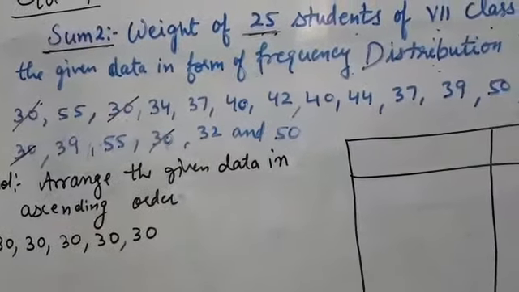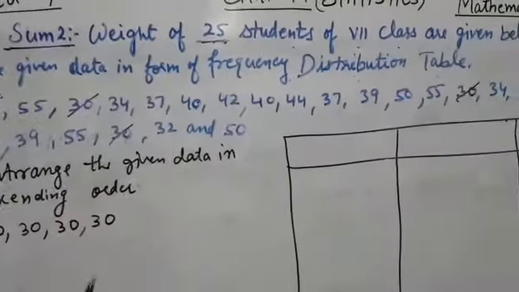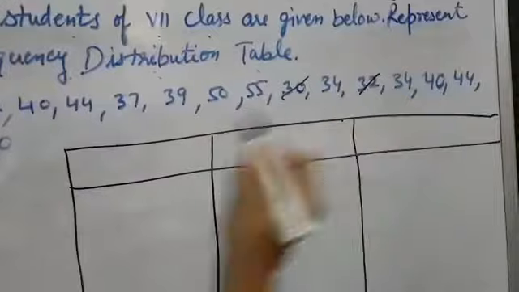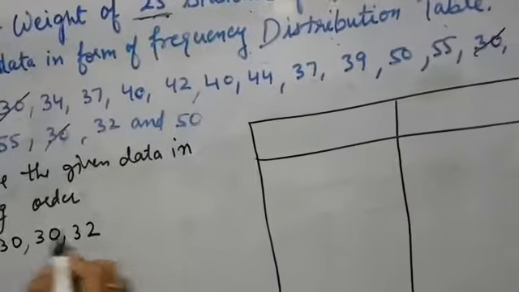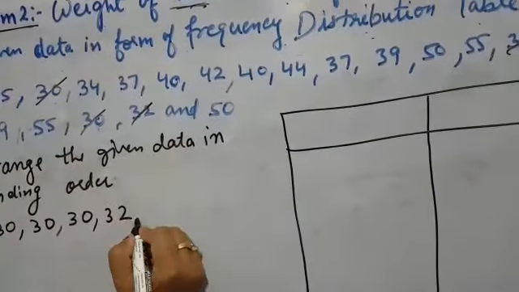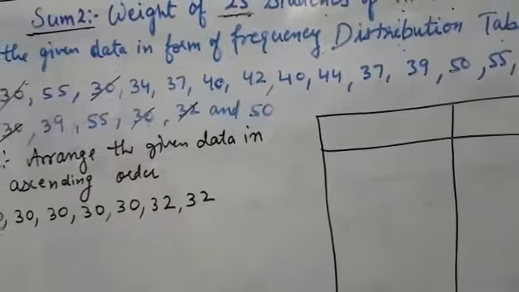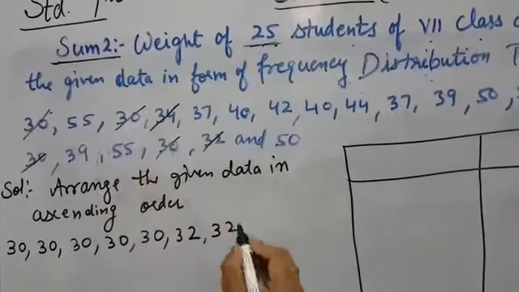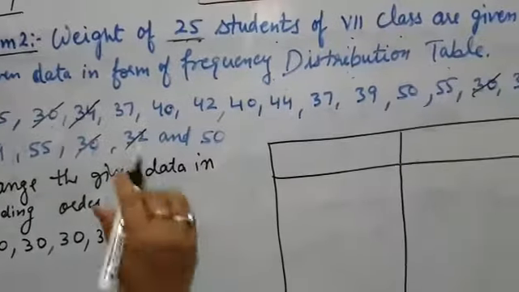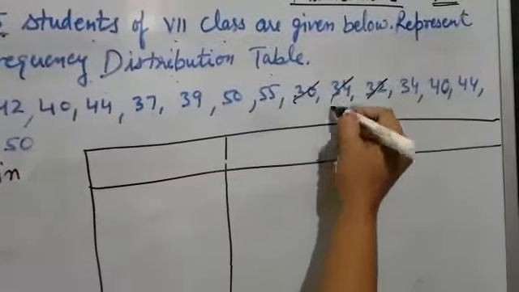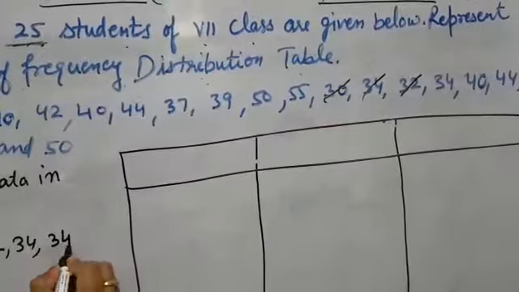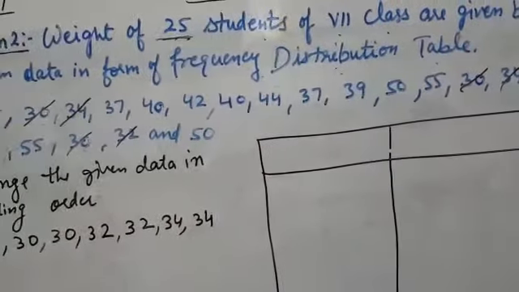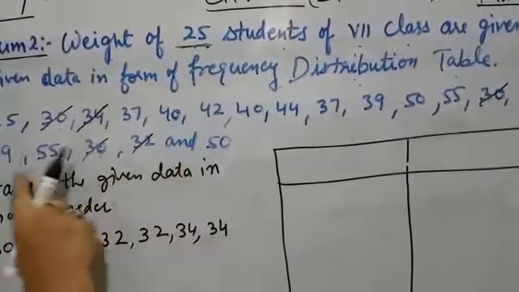After 30, the next number is 32. Where is it? Here is 32, and next, another 32. So 2 times you will get 32. After 32, there is 34. Then another 34 is here, and one more 34 is there.